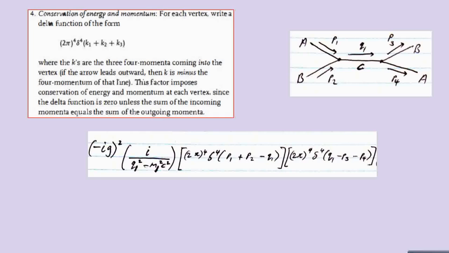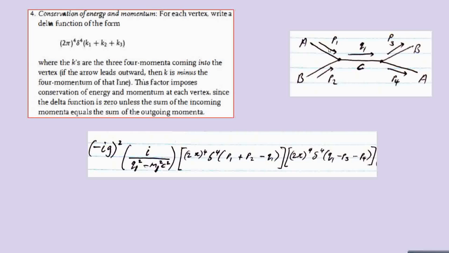Step 4, we write down a Dirac delta function of the following form, where once again it models the 4 momenta coming into the vertex. If the arrow for the momentum leads outwards, then the k in the expression is minus the 4 momentum in that line. So I'll just do one example again on the left.